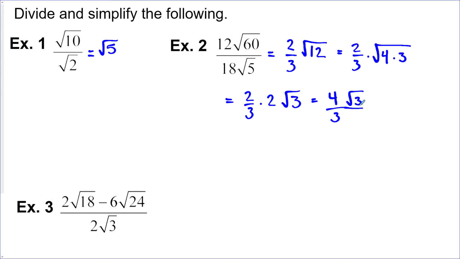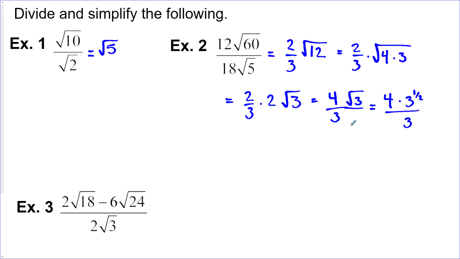We could also do something else with this one. We could take the square root of 3 and 3 here, and I'll use exponential form. I'll use an exponent to help us with this one. So the square root can be written as an exponent of 1/2.